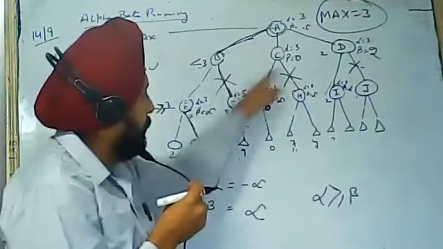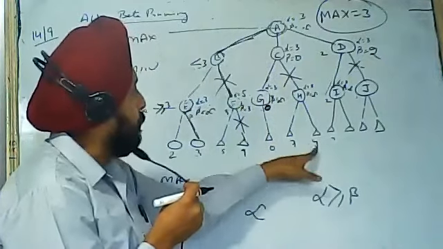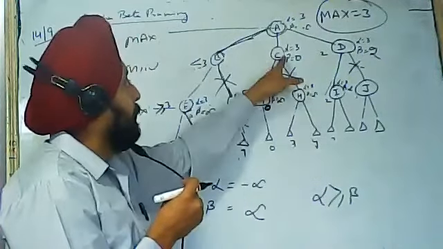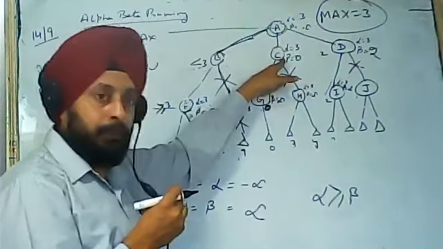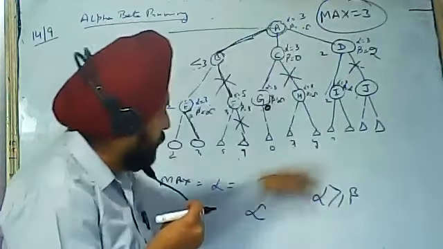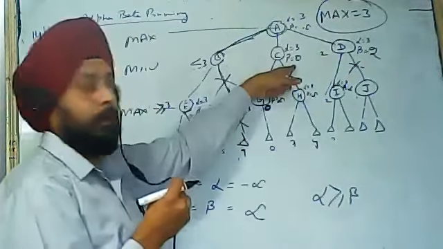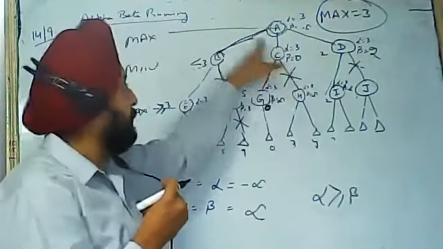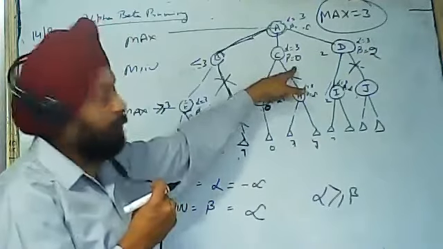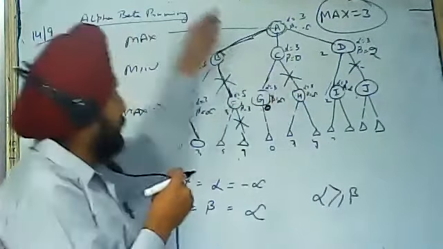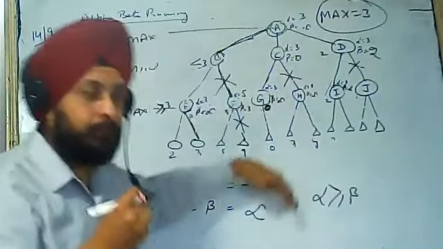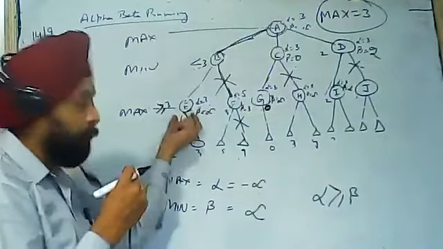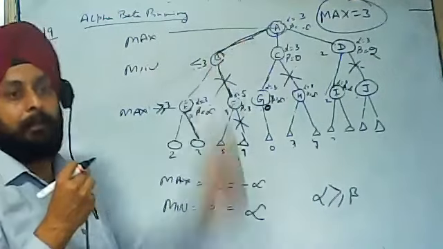But here all the values, either 7 or 4, whatever comes here, will be more than 0. So there is no need to solve this branch, because it will not provide any value less than 0, and this node already has 0. You can bring the alpha beta values downwards, but the value of a node is always taken upward.